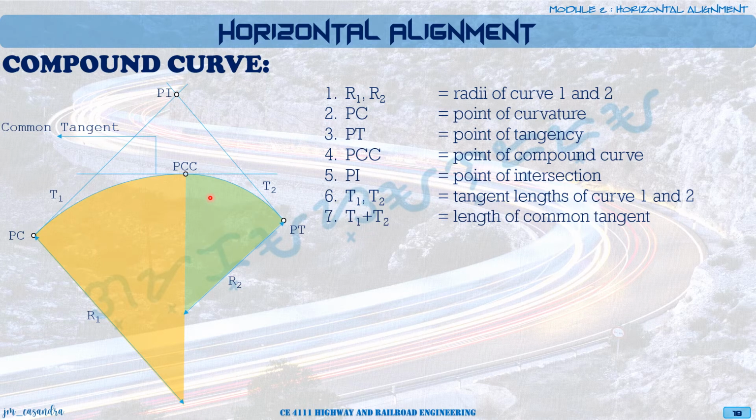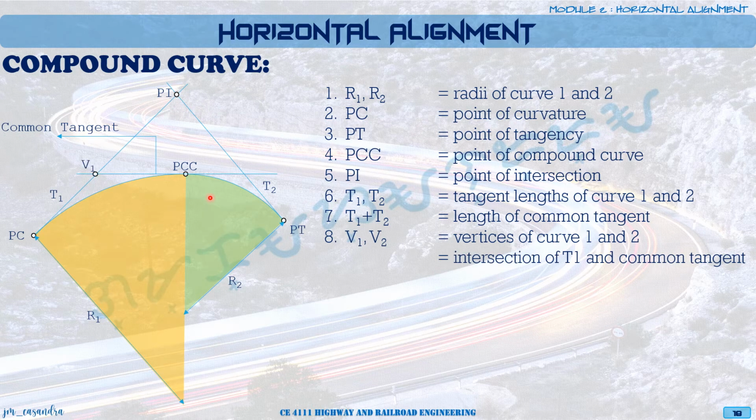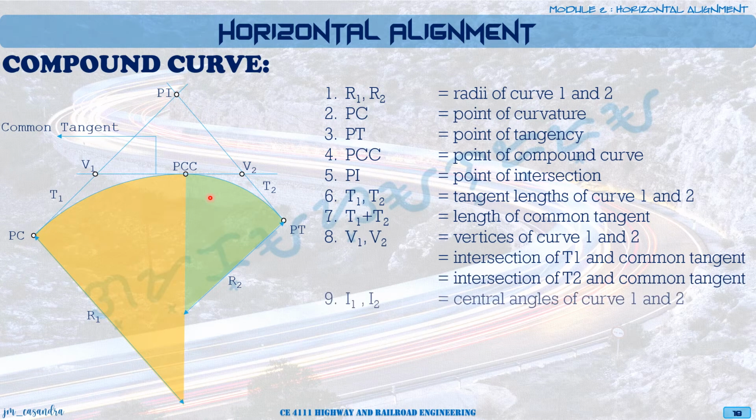The tangent passing our PCC, or the common tangent, will simply be equal to the sum of your T1 and T2. Then we have your V1 and V2, which are the vertices of curve 1 and curve 2, or the intersection between T1 and the common tangent, and the intersection of T2 and the common tangent, respectively.